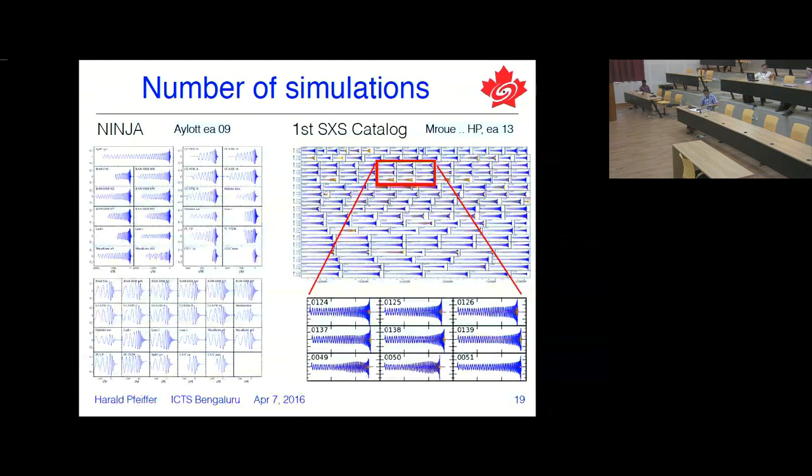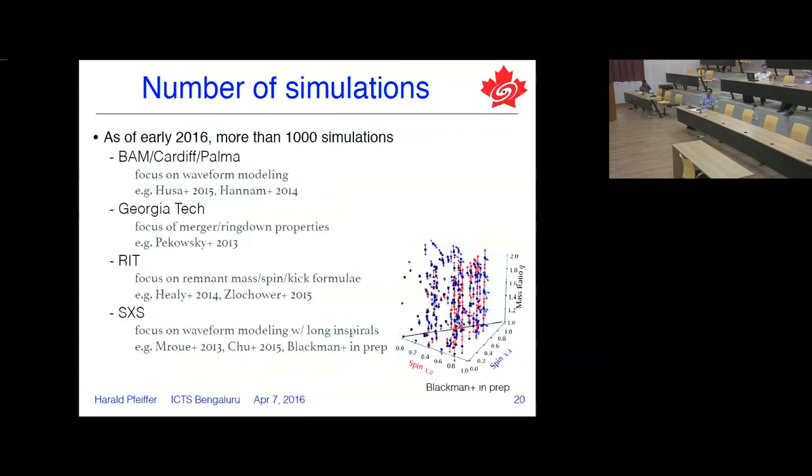Just a few years later, just one of the collaborations doing numerical relativity work, the SXS collaboration, was able to compute catalogs with about 200 waveforms, each one much longer than the original NINJA waveforms. And on slide 20, as of early 2016, there are now worldwide in excess of 1,000 simulations that have been performed by quite a few different groups, going alphabetically.